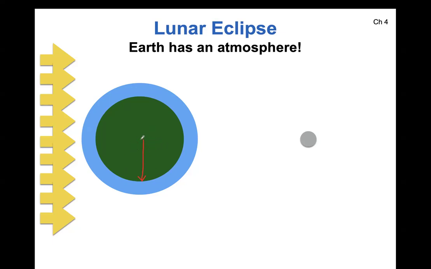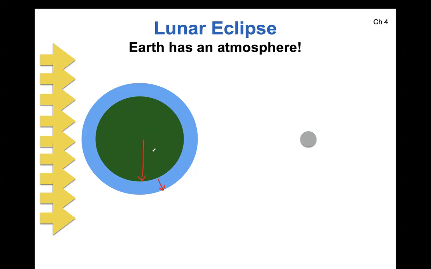So we could roughly round to 7,000 kilometers. This value generously is 150 kilometers. So the atmosphere is about 50 times thinner than the radius of the planet, and that's again being generous.